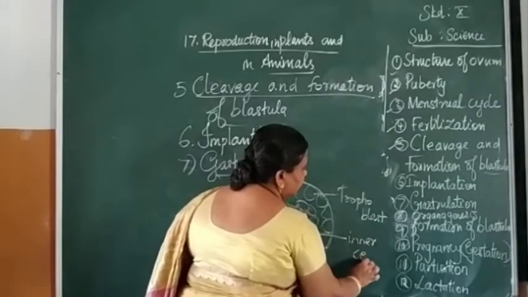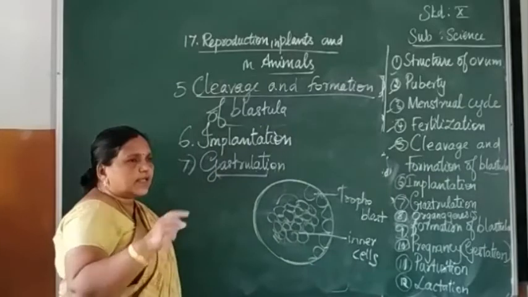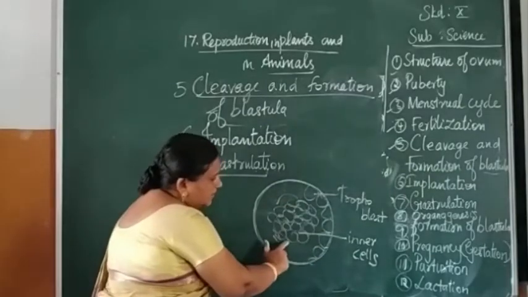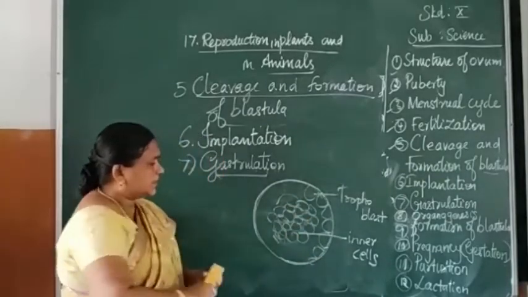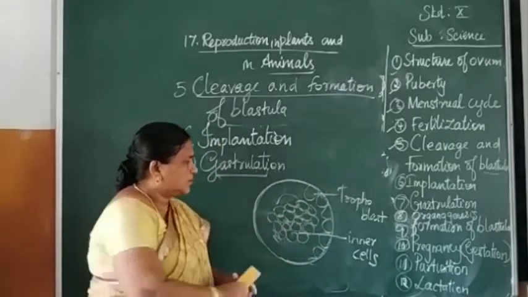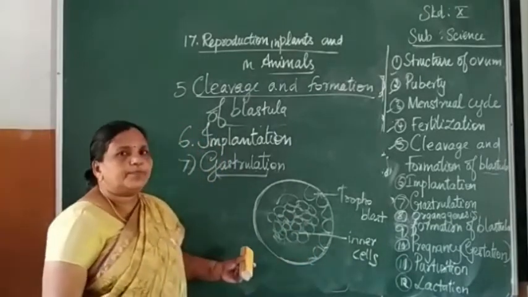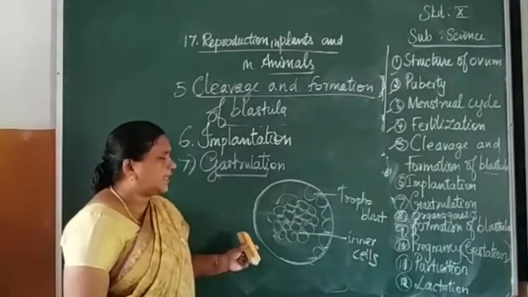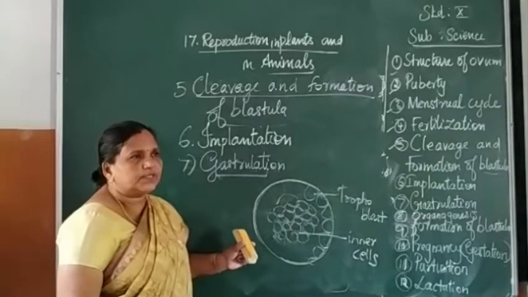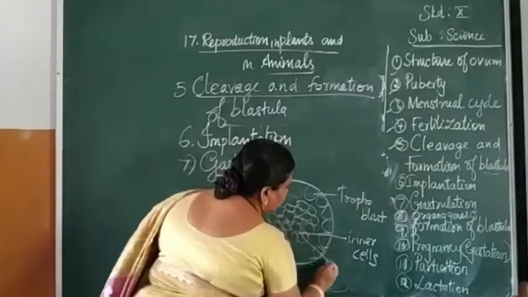Among these inner cells, the ones present on the outer side will be converted into ectoderm. Ectoderm means outer layer.